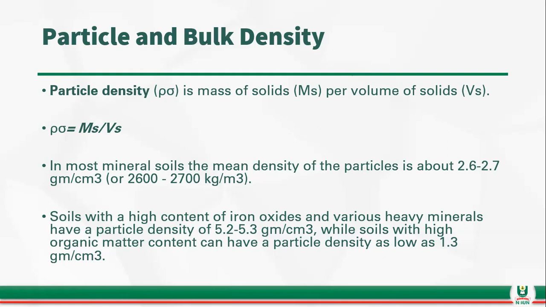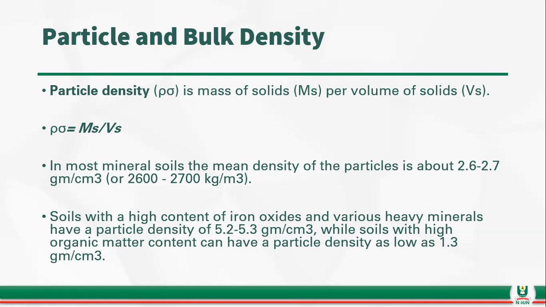So in most mineral soils, the mean density of the particle is about 2.6 to 2.7 gram per cm3. Alternatively, if we are measuring it in kg per meter cubed, it becomes 2,600 to 2,700 kilogram per meter cubed.